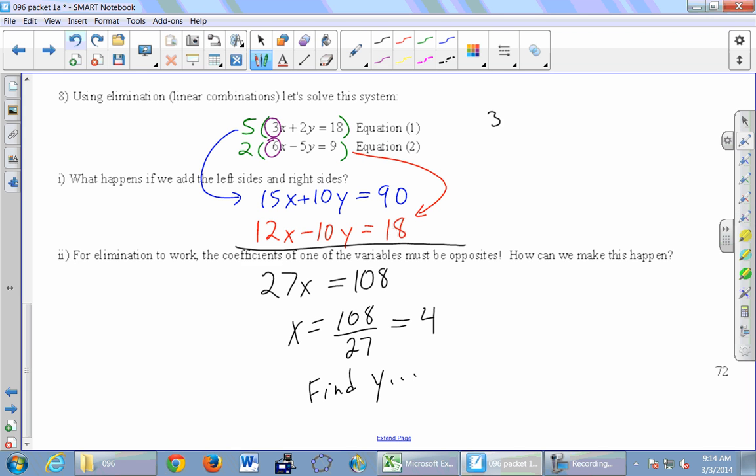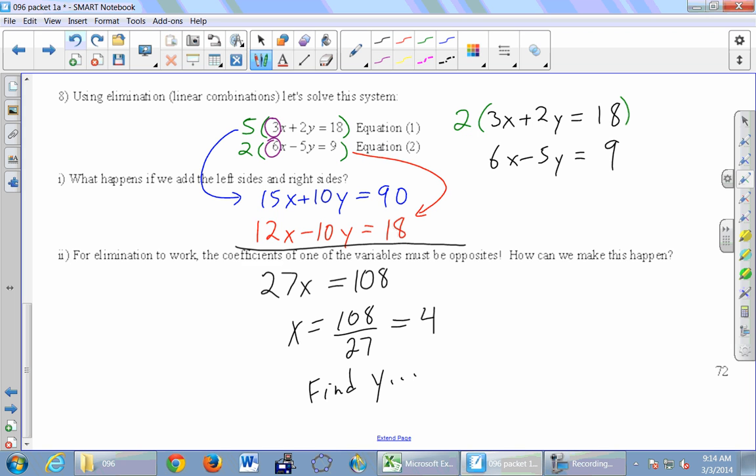I'm going to copy both of them here. So the bottom equation is already 6x. That's fine. How do I turn the top equation into 6x? Multiply by 2. Yes? That's going to make a 6.